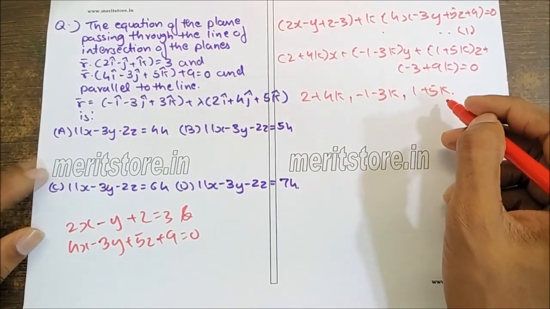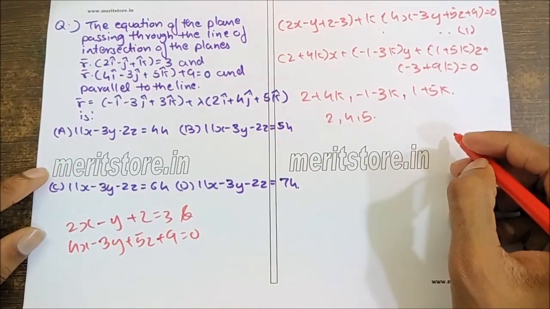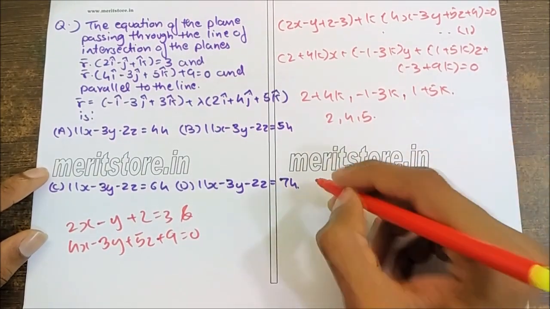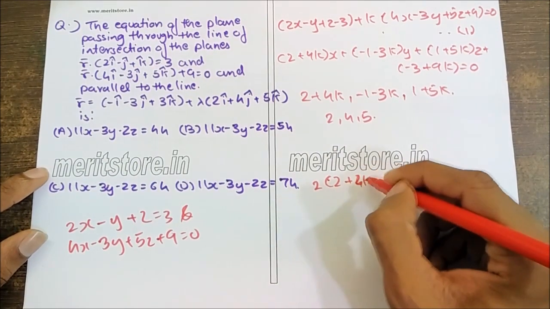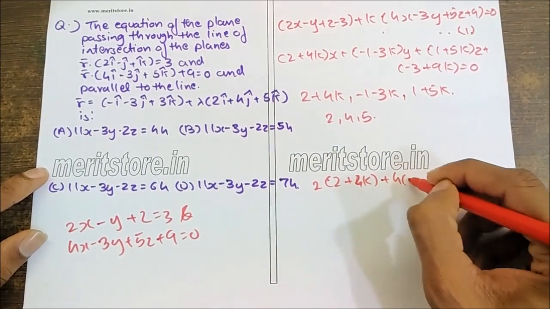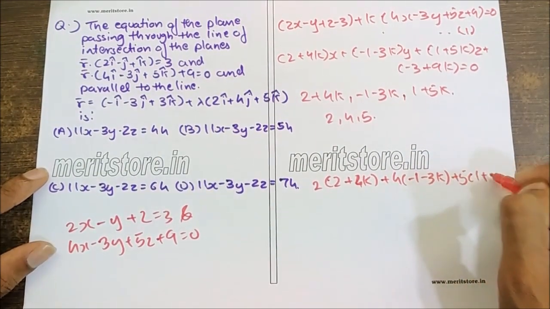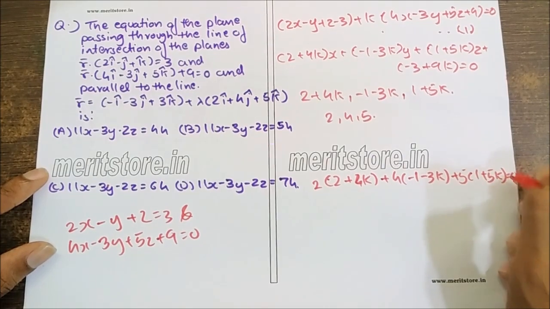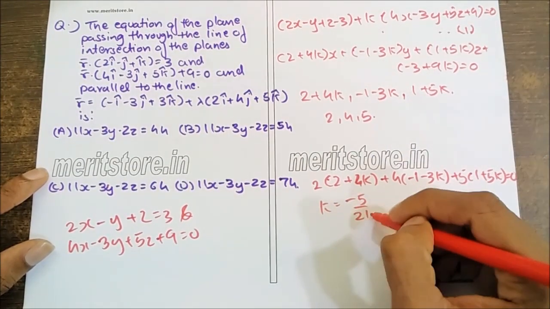The direction ratios of the given line are 2, 4, 5. Since the normal is perpendicular to the given line, therefore 2 into (2 plus 4k) plus 4 into (minus 1 minus 3k) plus 5 into (1 plus 5k) equal to 0, which we solve further, and we get k is equal to minus 5 by 21.